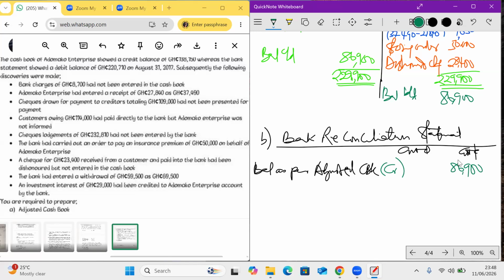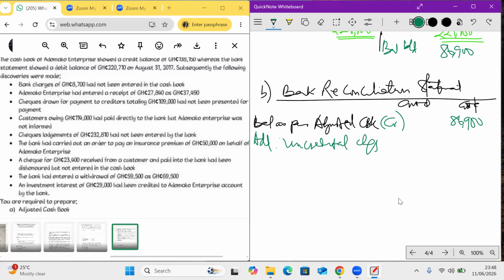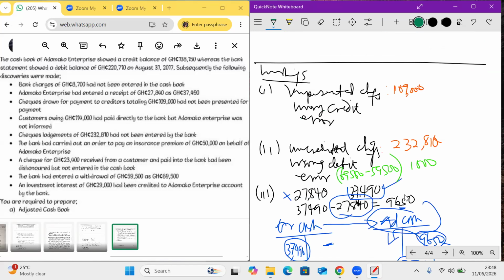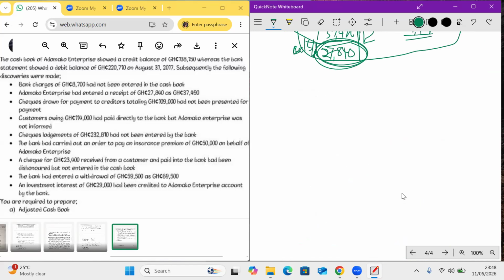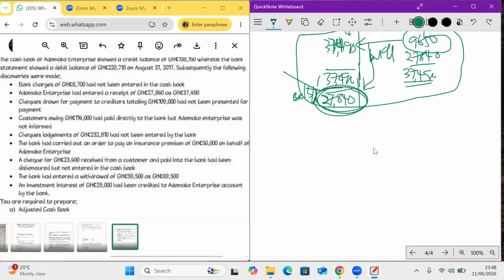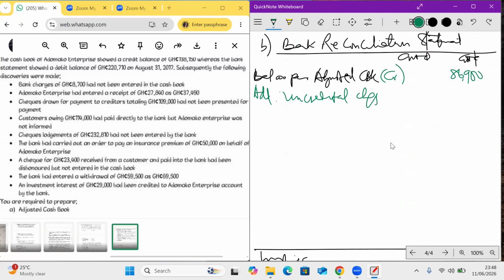Then you add the uncredited cheque, which was 232,810. Then the error was 1,000.